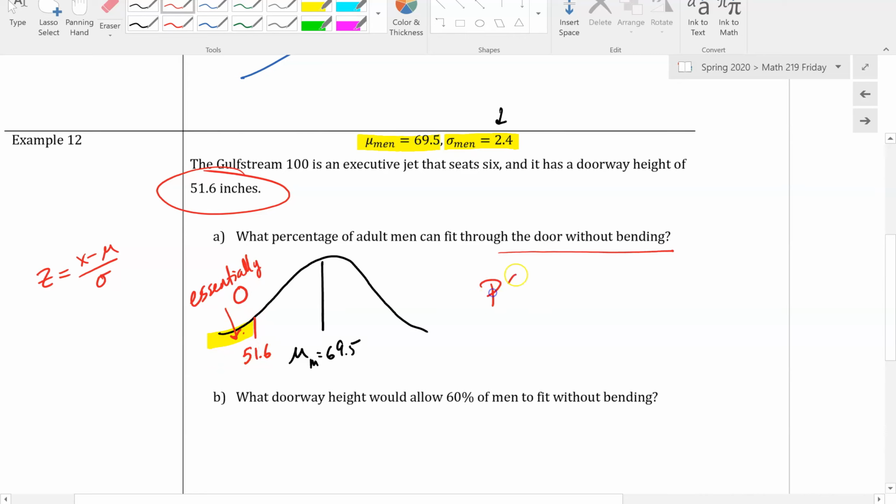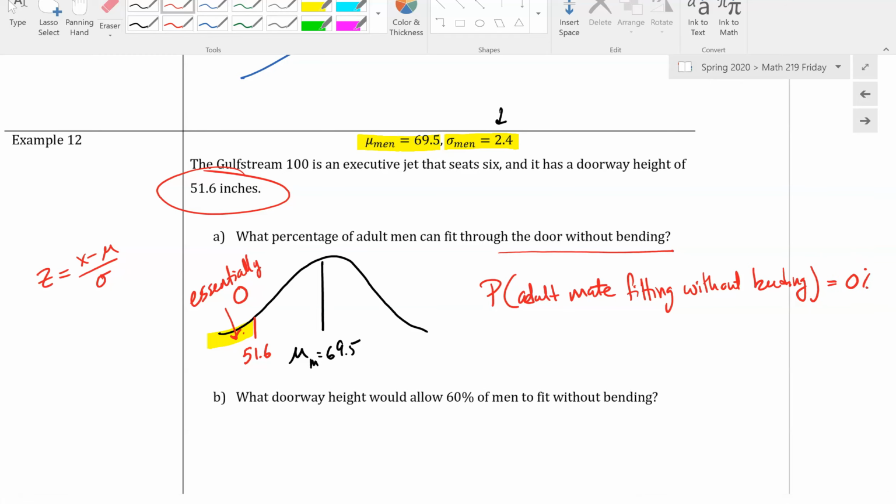So the percentage of adult males that can fit without bending is 0. 0% chance to happen, or essentially 0.